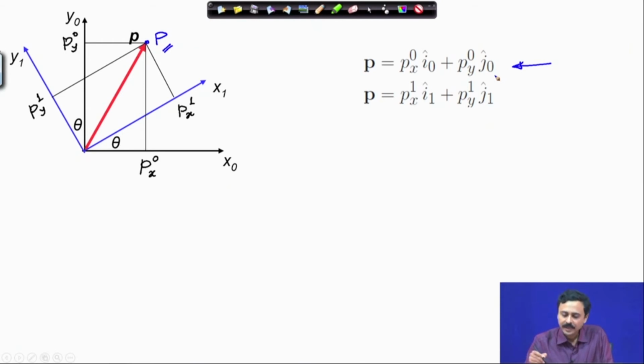Similarly, in frame 1, the representation of the same vector P is Px1 i1 cap plus Py1 j1 cap. Remember, this is the same vector P being represented in two different frames, nothing else. We would like to find the relation between Px0, Py0 and Px1, Py1. This is our objective.